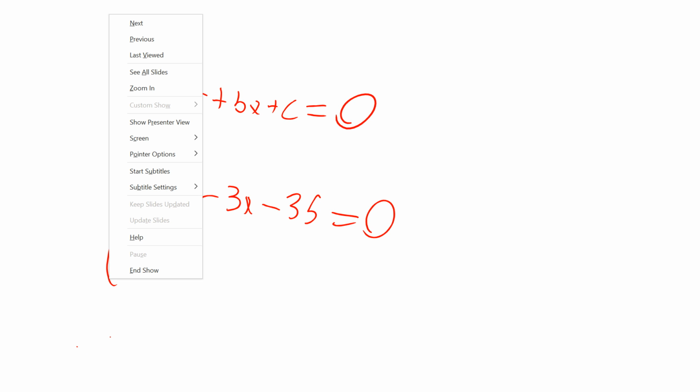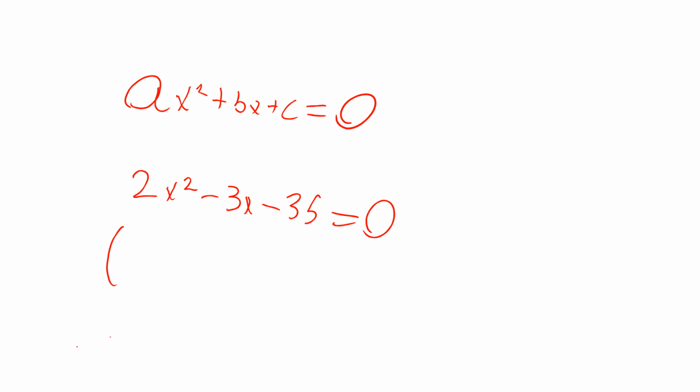So we have a 2x and x, and we switch up the signs and the numbers: plus 7 and minus 5. 2x times negative 5 is negative 10x, plus 7x is negative 3x.